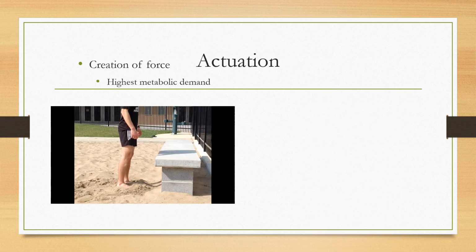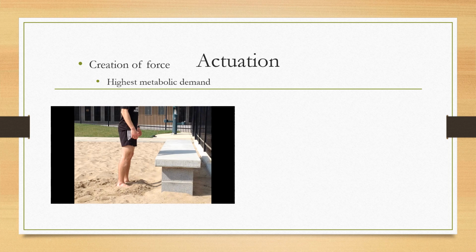A third thing that limbs can behave as is as actuators. So actuators are just creating energy without any input of energy from the surface. So because they're creating energy, you have the highest metabolic demand. Here we have another recent alum of our program, and he is in the sand volleyball court just a block south of our physical therapy building.